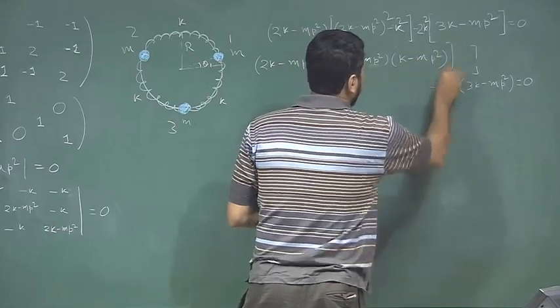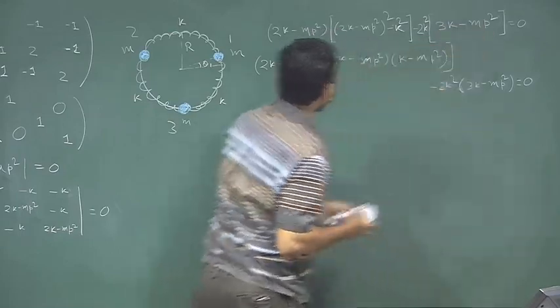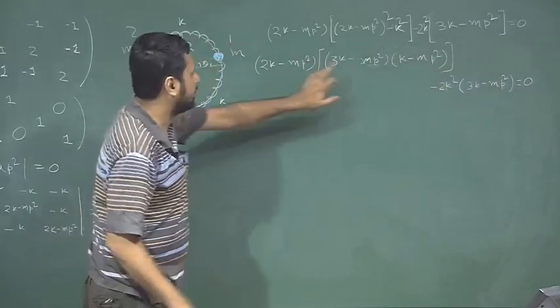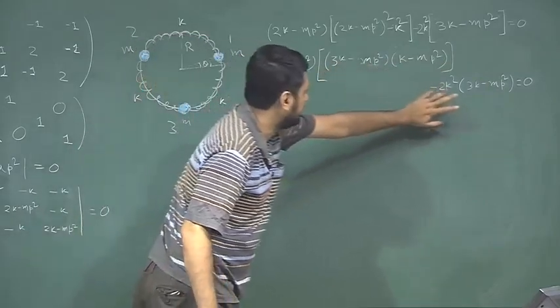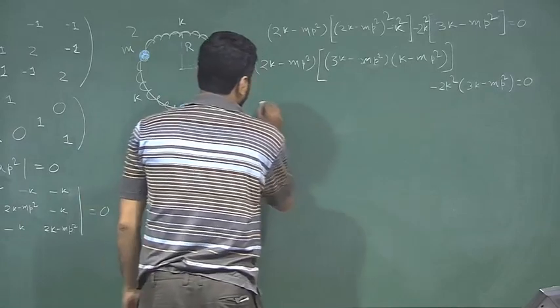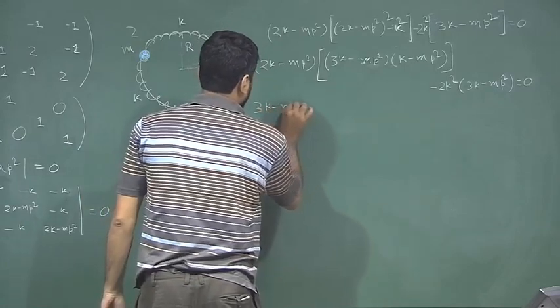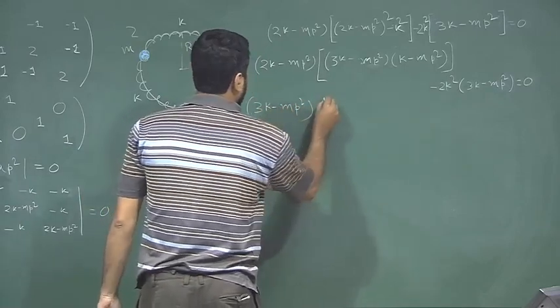Right. Now, this term is already factorized, and we see that 3k minus mp square is the common factor.